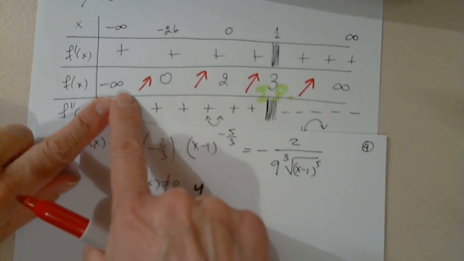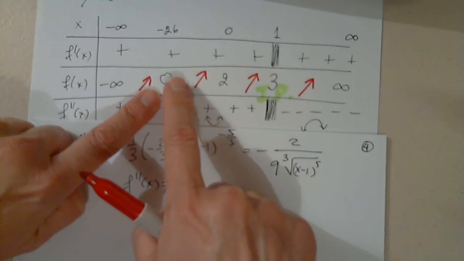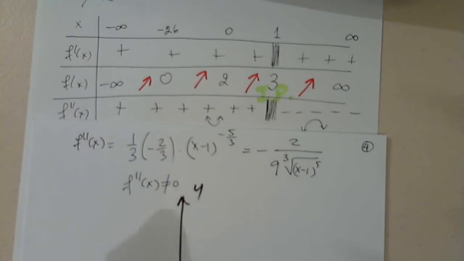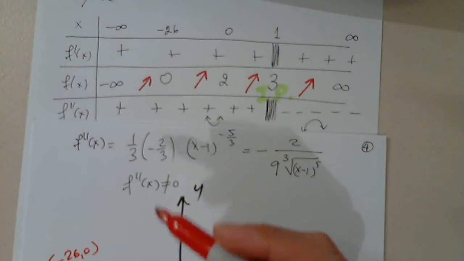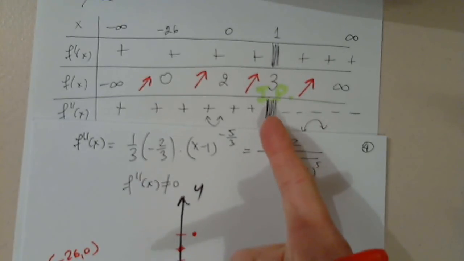It's coming from negative infinity. It crosses the x-axis at negative 26, 0. So I'm going to say that this is negative 26, 0. And it goes up to 0, 2. And then at 1, 3, and I know that this is an inflection point.